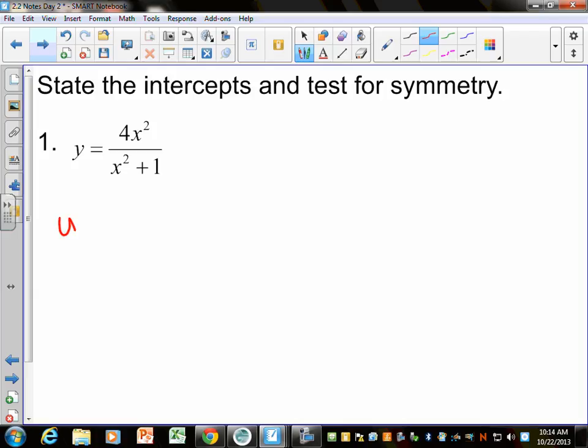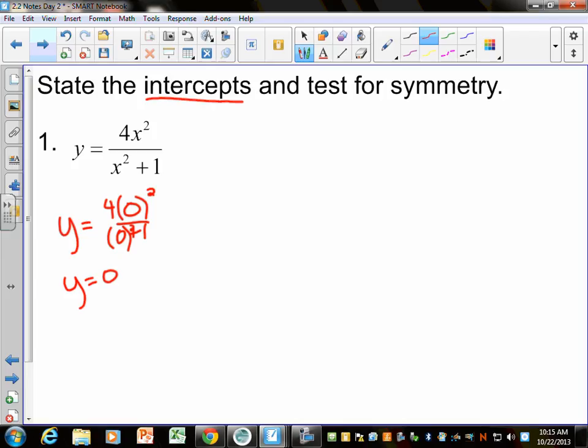If I plug in 0 for x, I'm going to get 0 over 0 plus 1, which is just going to be a y-intercept of 0. Because I'm finding the intercept, the intercept means I plug in 0 for x, right? It's 0 divided by 1, because if it's 0 on top, then it's all just 0.